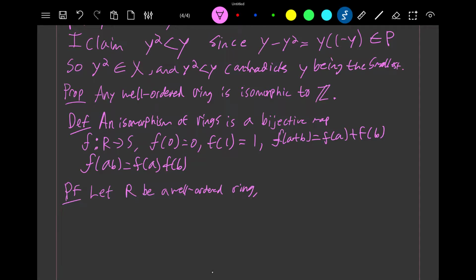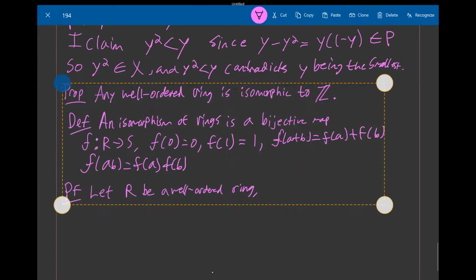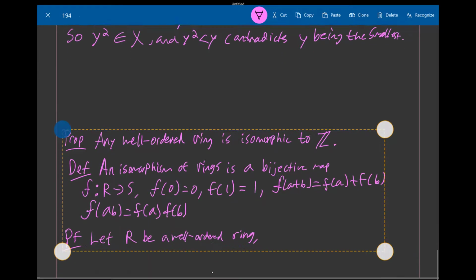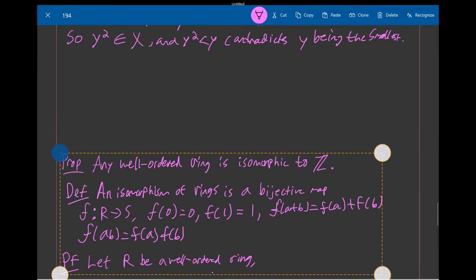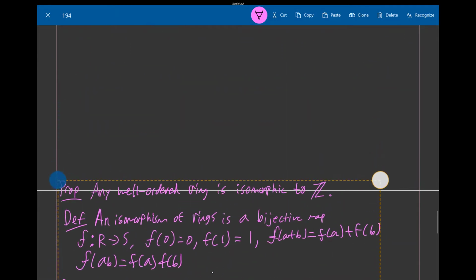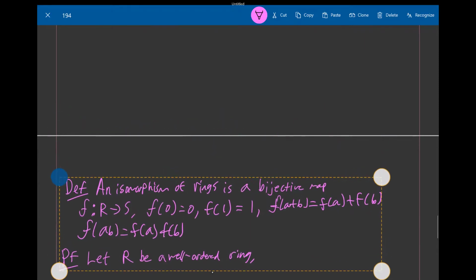So there is a property of orders that I should probably prove first. So let me move this to the next page.